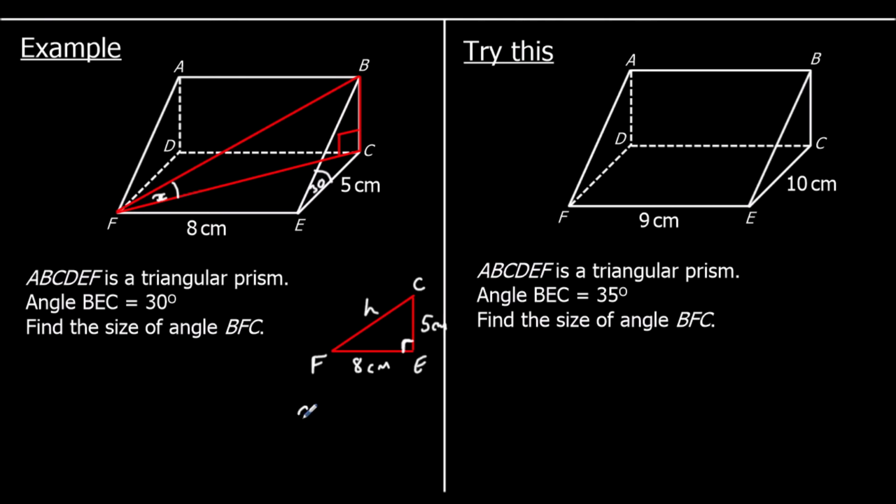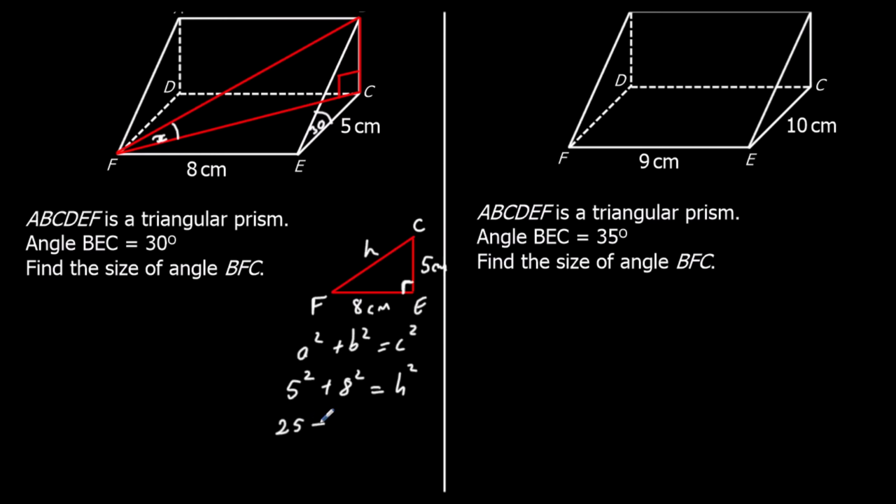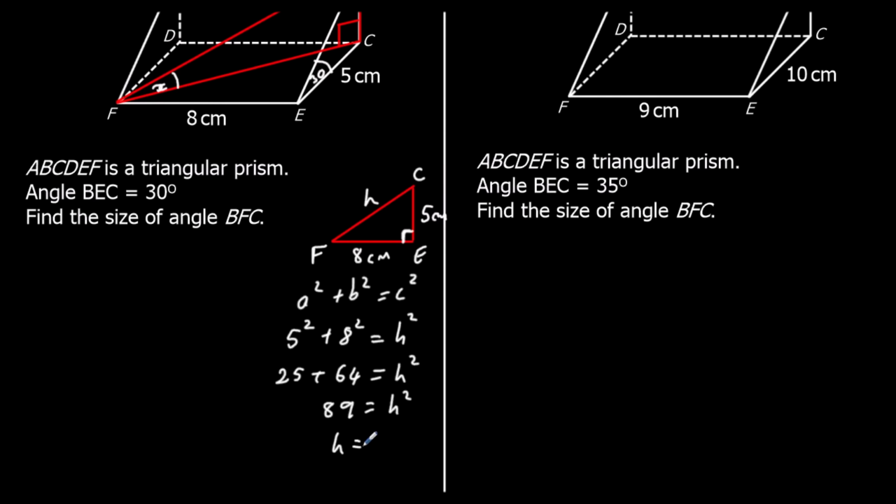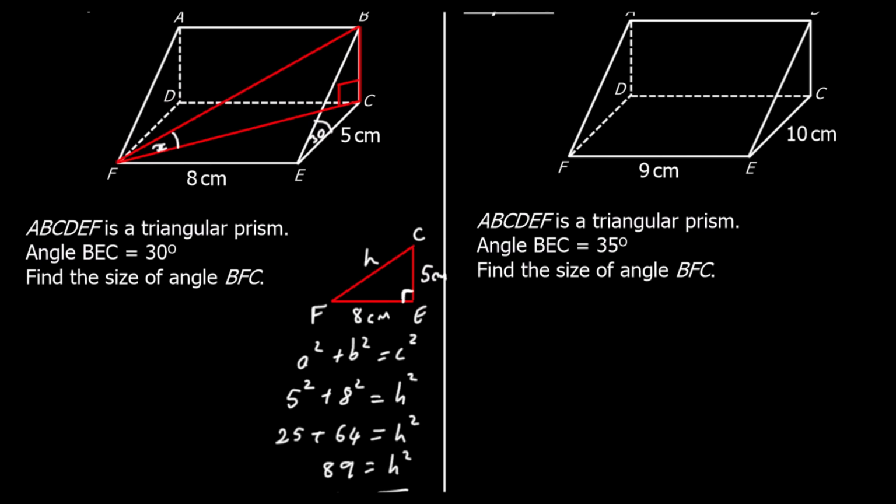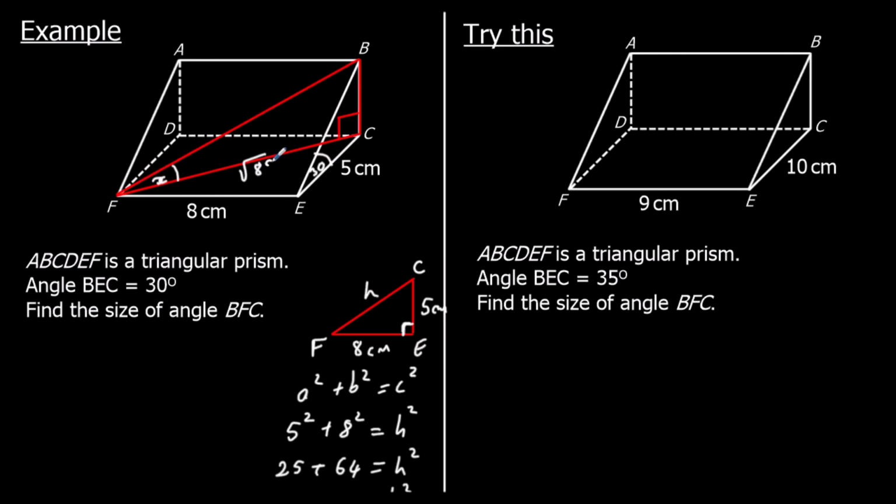So 5 squared and 8 squared equals the hypotenuse squared. 5 squared is 25. 8 squared is 64. 25 and 64 make 89. So h squared is 89. So the hypotenuse is the square root of 89. So C to F is root 89. So that's one side of our triangle.